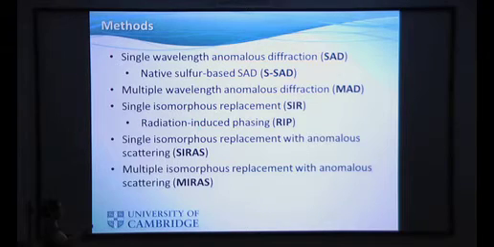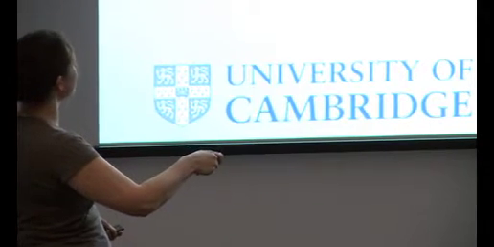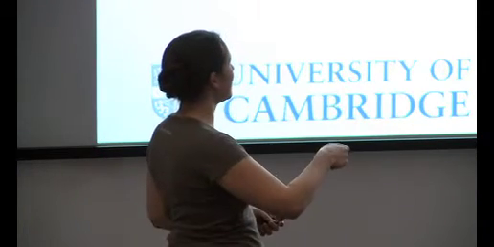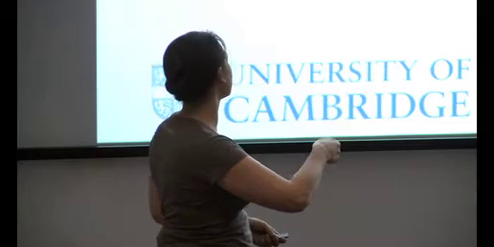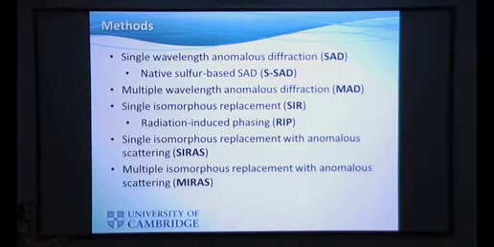The special case of radiation-damage-induced phasing, where you use the radiation damage. Single isomorphous replacement with anomalous scattering, SIRAS. What is strangely missing from this list is MIR, multiple isomorphous replacement, where you have several heavy-atom derivative crystals and use their isomorphism and the heavy-atom signal. And multiple isomorphous replacement with anomalous scattering, which gives you a lot of information, but is experimentally a little bit difficult.